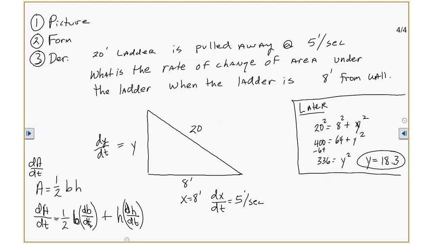Now we don't have a dH dt, so we're going to have to eliminate dH dt. So we're going to use the Pythagorean theorem to do that. So we got dA dt, and that's what we're looking for, is equal to 1/2 b dB dt. Now remember, your b is going to be your x, and this is your y. So we can call this b if you want to.